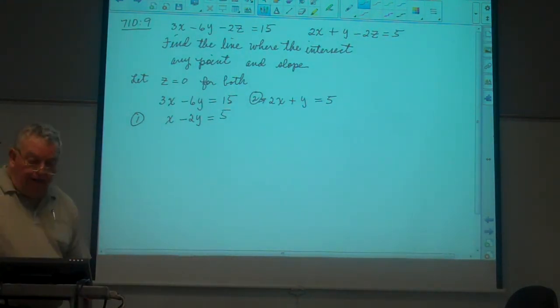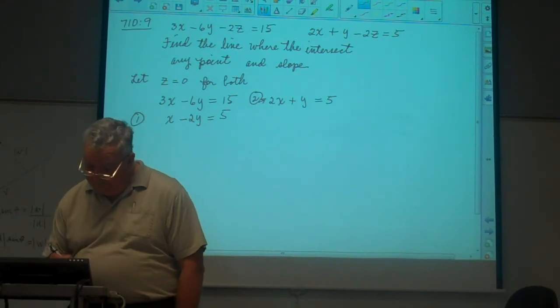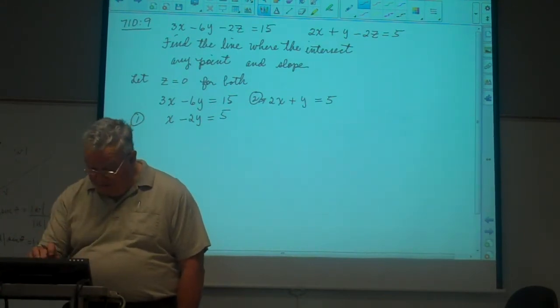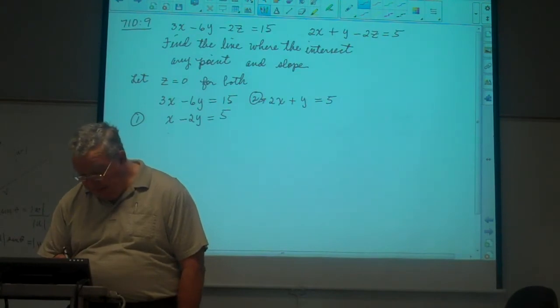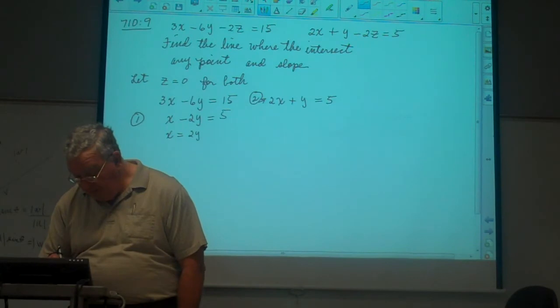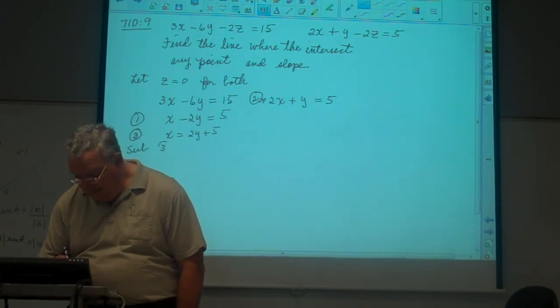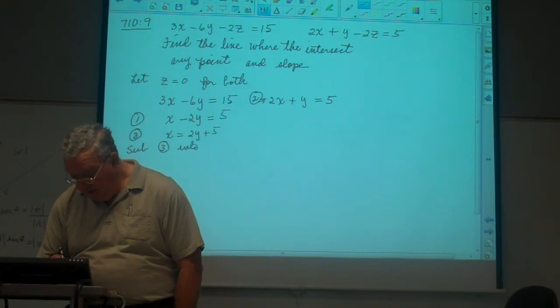So now I take 1 and 2, you know the drill. Only I'm going to use substitution. I'm going to say that x is equal to 2y plus 5, and I'm going to call that 3, and I'm going to substitute 3 into 2.